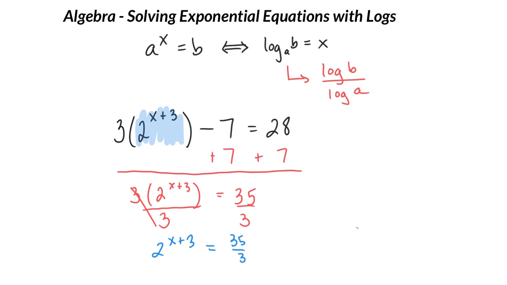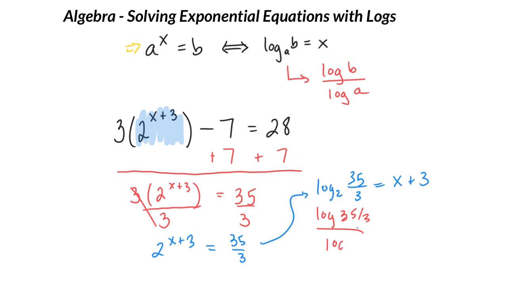Well, we're at this form now. We have our exponential isolated. So I'm going to rewrite this as log base 2 of 35 thirds is equal to x plus 3. Of course, the part on the left can be rewritten as log of 35 thirds divided by log 2.